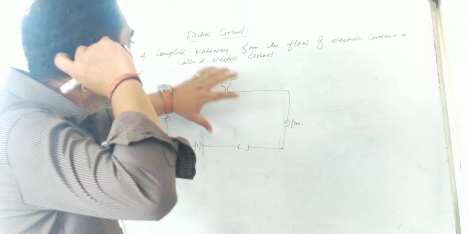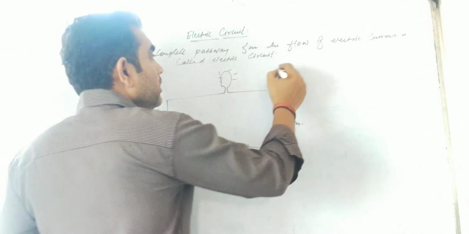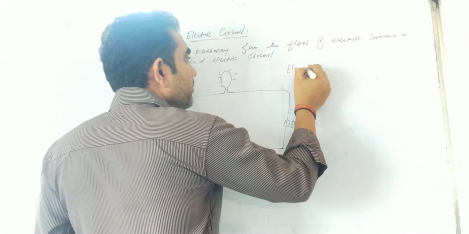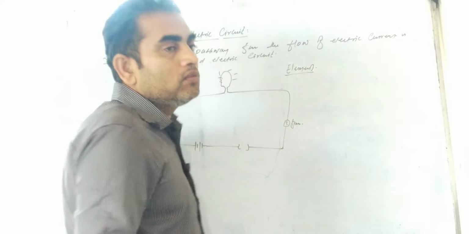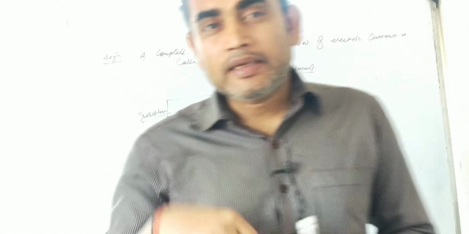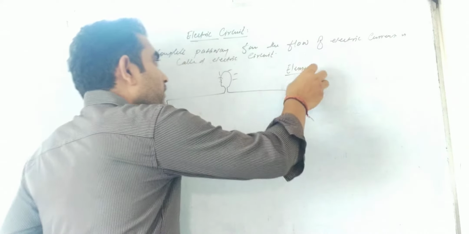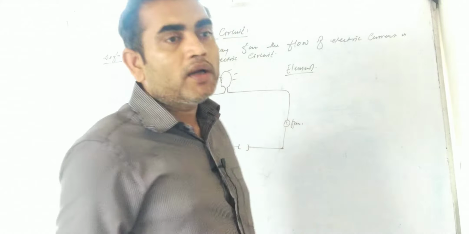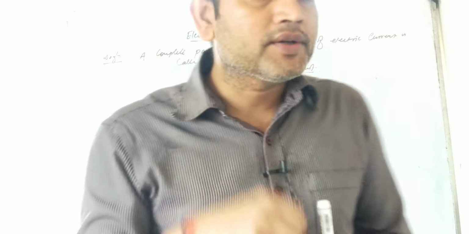These are called the elements. The objects required in order to form an electrical circuit are said to be the elements of an electrical circuit. And what are the basic elements of an electrical circuit?